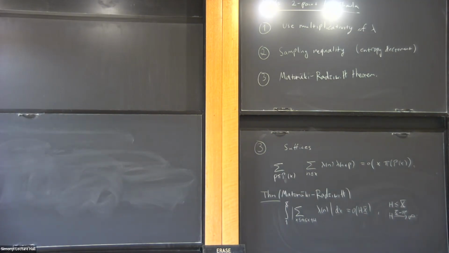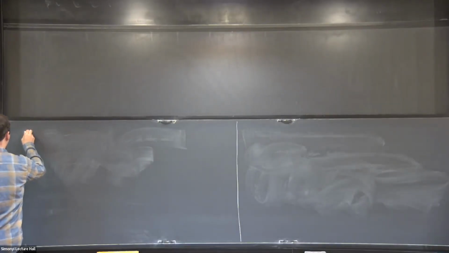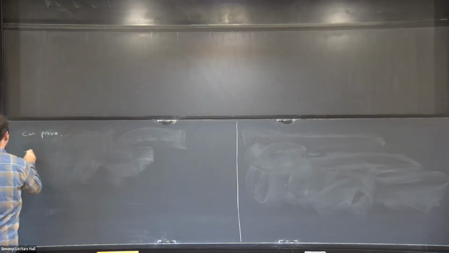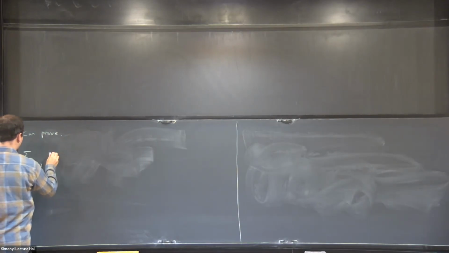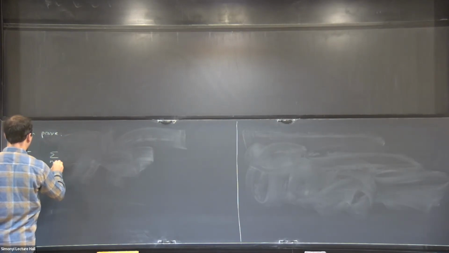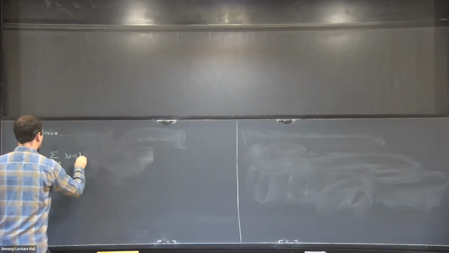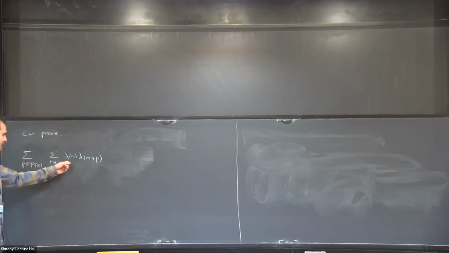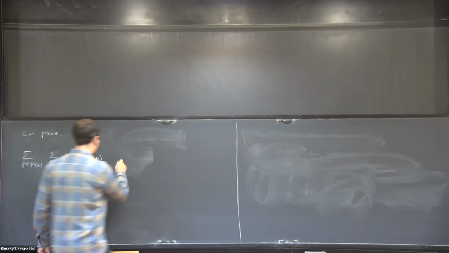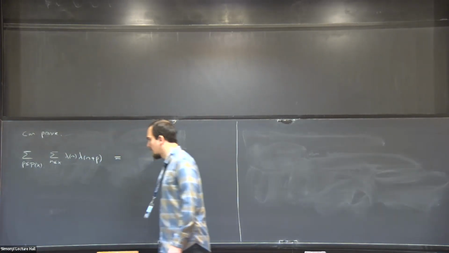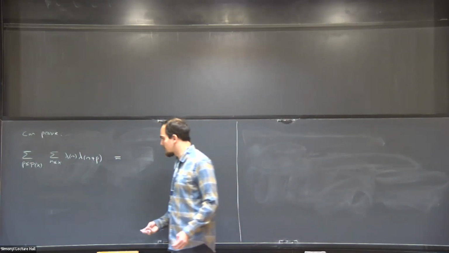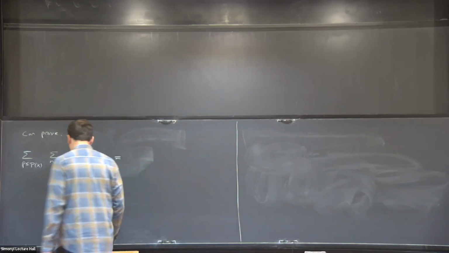And so one can prove that if you have an average of this form, and it doesn't matter that this is the Liouville function, you could have any bounded functions here, you can always replace this by a sum where the p is essentially over integers, but actually need rough numbers, so integers with no small prime factors.